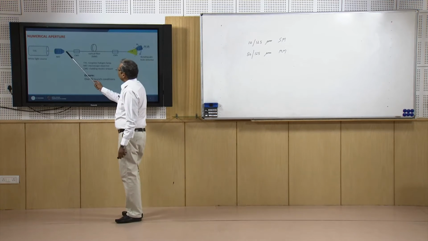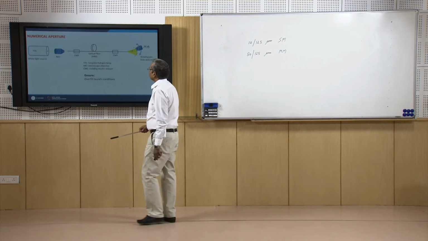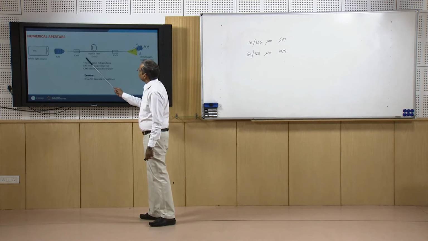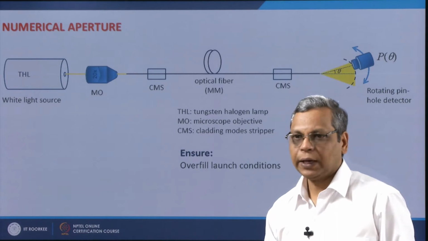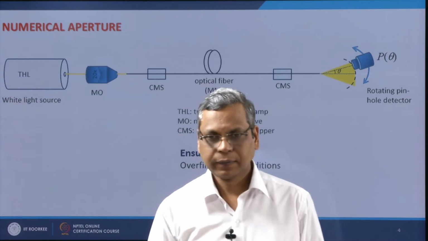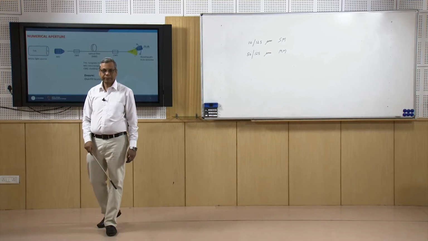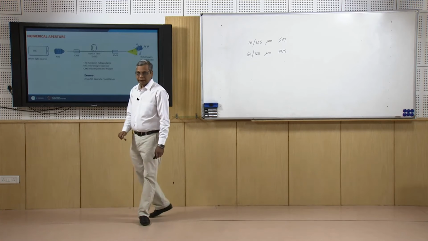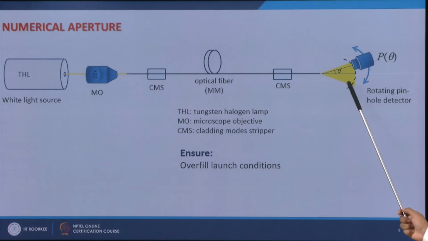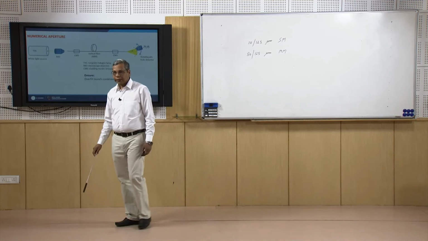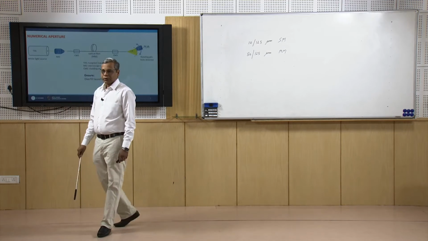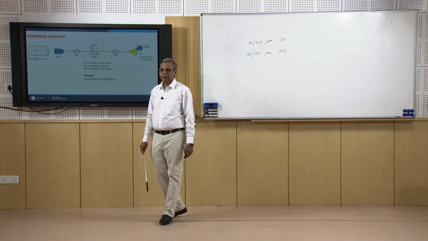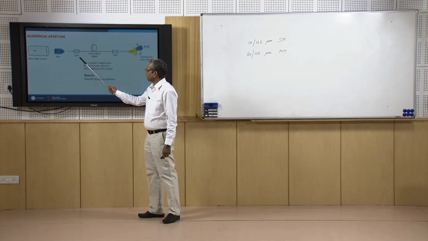With the help of this you launch light into this fiber, and you also put cladding mode strippers in order to strip off light which is going into cladding modes, otherwise there would be measurement error. Otherwise, at the output end you will collect light not only from the core modes, but also from the cladding modes, and numerical aperture is defined with respect to the guided light. So, it is essential that you strip off these cladding modes.